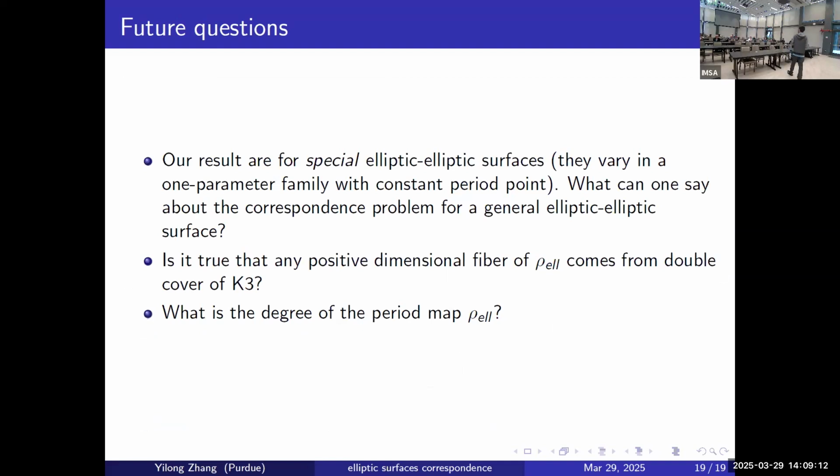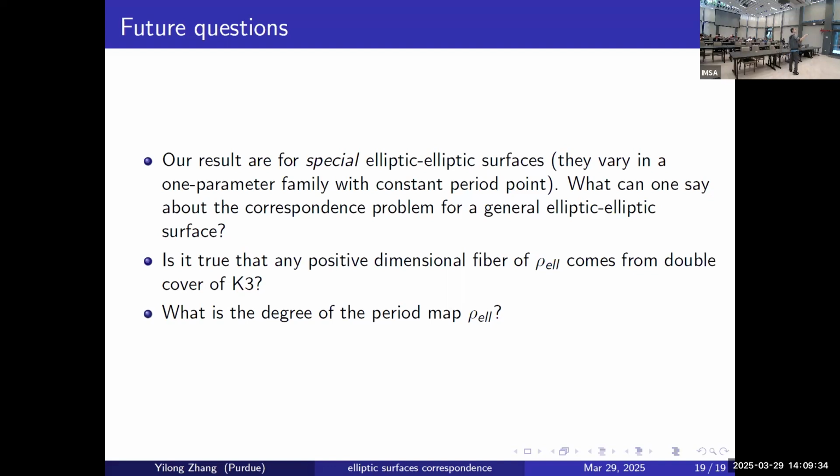So these are not general. So you can ask the same question about related problems for general elliptic surfaces. And I guarantee you that you cannot find a V diagram. So you really have to find a V diagram, but we have no idea what the outcome will be. So that's a question that one can ask.